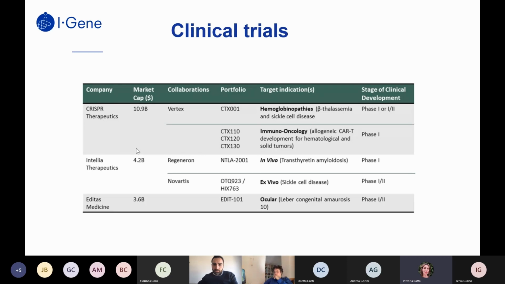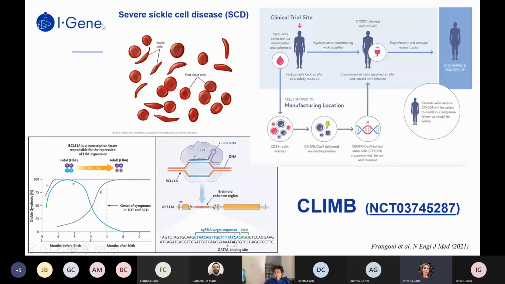So let's continue and let's give a look to the different clinical trials that are ongoing. This is one. The name of this trial is CLIMB. This trial would provide a new solution for the treatment of severe sickle cell disease.